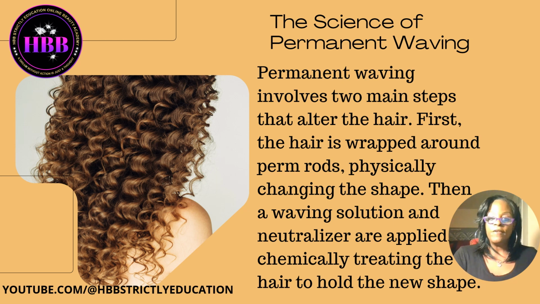So in the previous videos, we talked about the cuticle, cortex and medulla. The chemical penetrates the cuticle and goes into the cortex. Once the waving solution is applied, that's where the breaking down of the bonds begins. But when we apply the neutralizer, it re-hardens and locks the hair into the new shape.